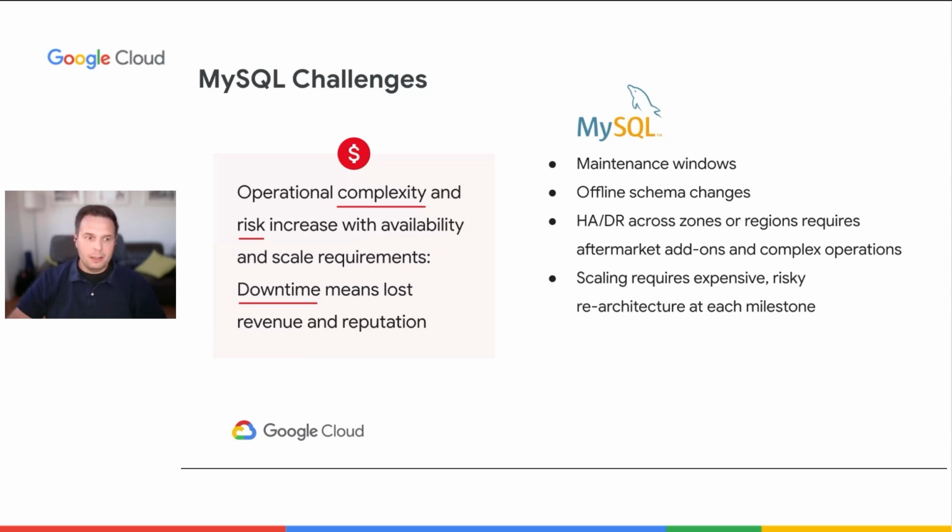Then maybe enabling high availability across regions could become a very complex and expensive task. Same challenges apply for scaling. I need to increase the capacity of the servers, meaning adding more CPU, RAM, bigger disks, faster disks. And if that is not cutting it anymore, I need to go down the route potentially of sharding, which opens up a large range of challenges down the road.